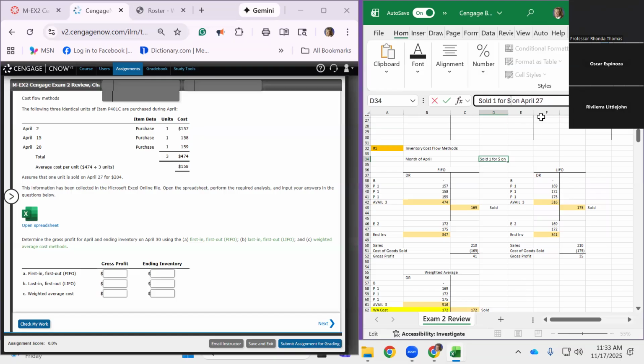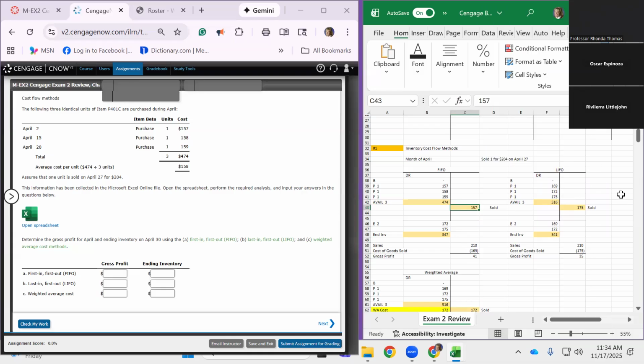So there's your sales price. When they ask you what the gross profit is, you'll have to subtract the cost of goods sold. If this is first in, first out, the first costs that are sitting here are going to be the first costs sold. So we're going to sell the 157. That's going to be the cost of the goods sold, right?